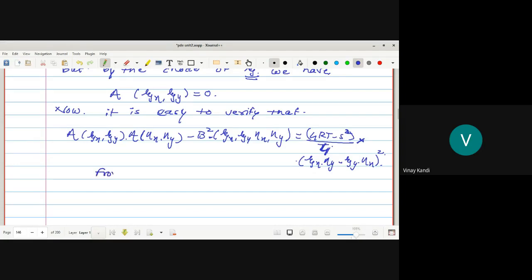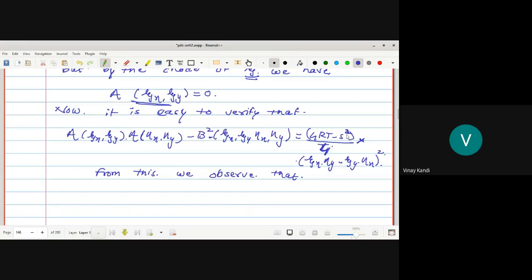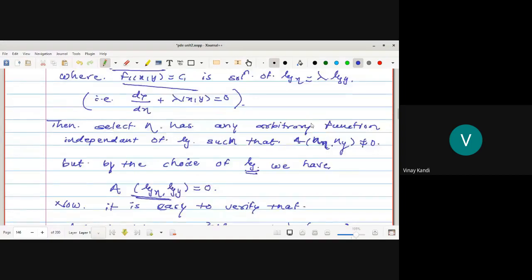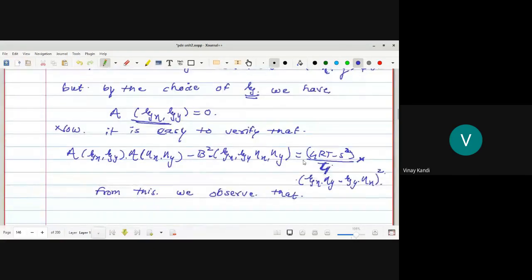Okay, so from this we observe that now by putting the value of this one here. Okay, so we get s square minus 4rt, what is its value here? It is 0. Okay, s square minus 4rt, or rt minus 4rt minus s square, value of x1 is 0.